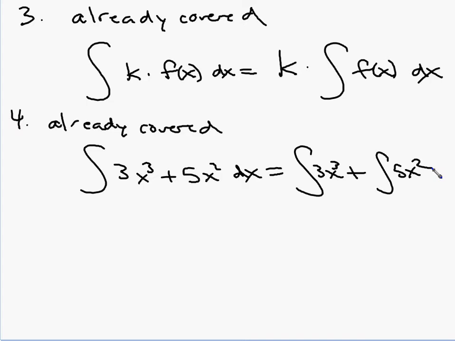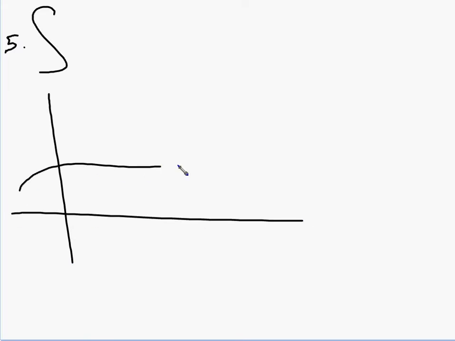Number 5, I want to kind of go a little bit more slowly on. Number 5, before I write it down, let me just kind of draw a picture here.